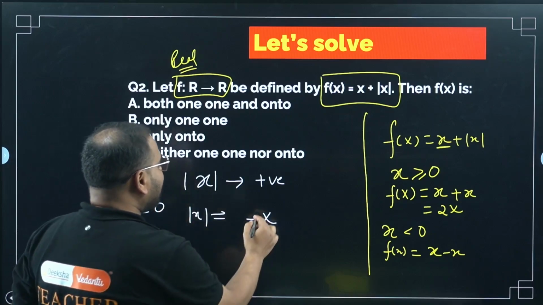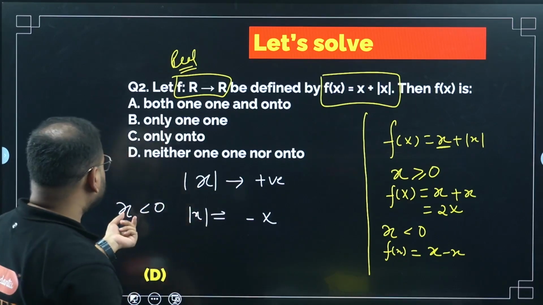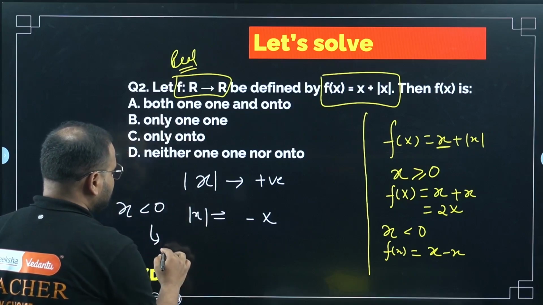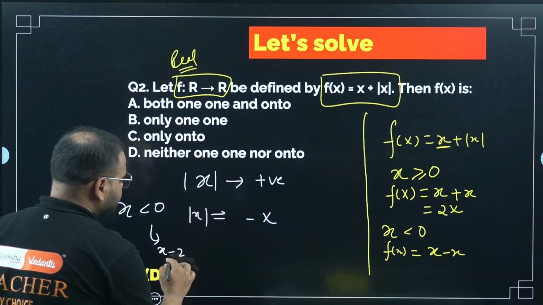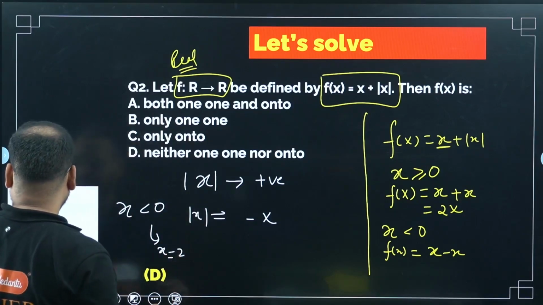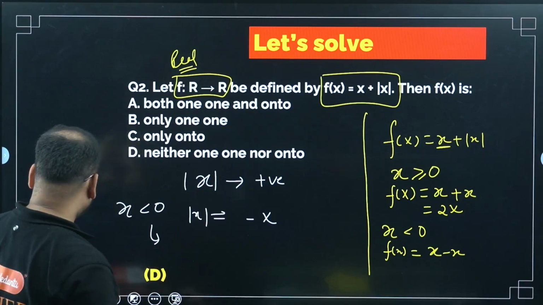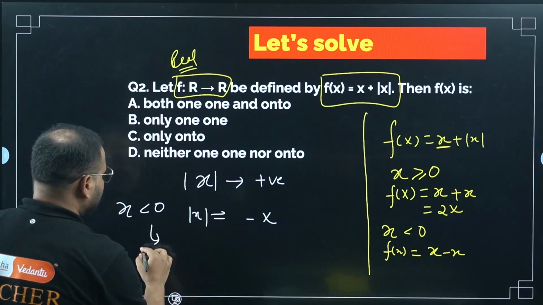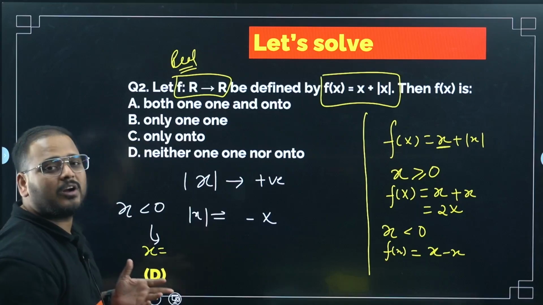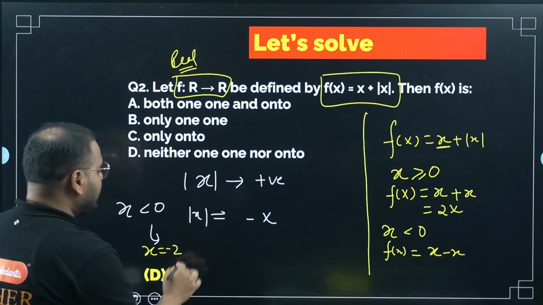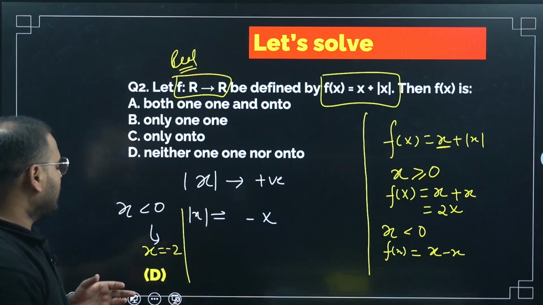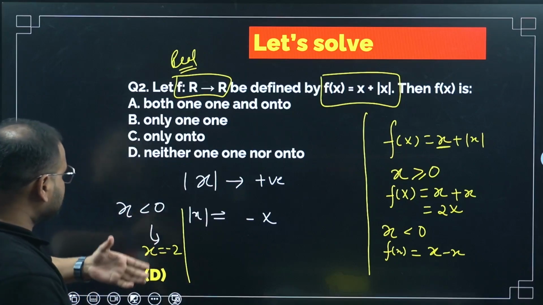Because, let's say I take an example where x is a negative number, like minus 2. Some people will have this doubt, not all of us, but good to learn. x equals minus 2. Is it less than 0? Yes, sir, it is less than 0.